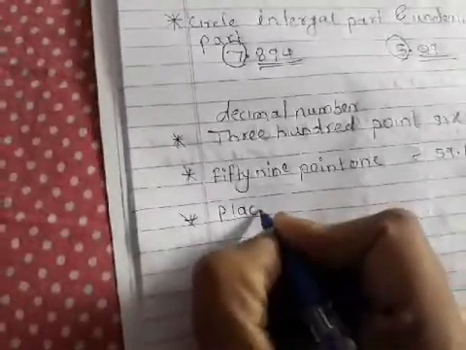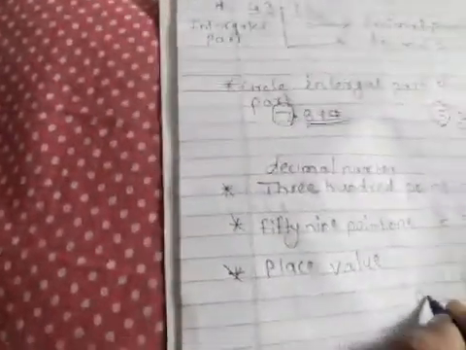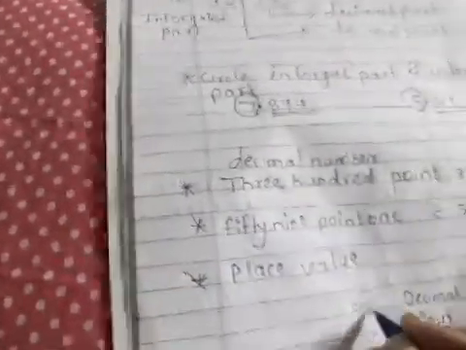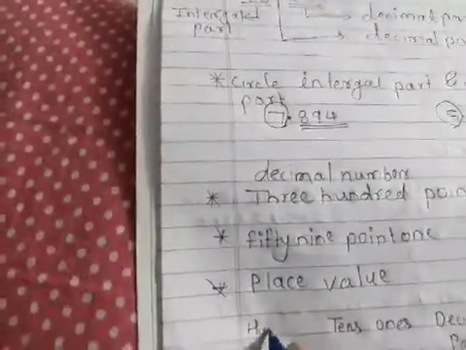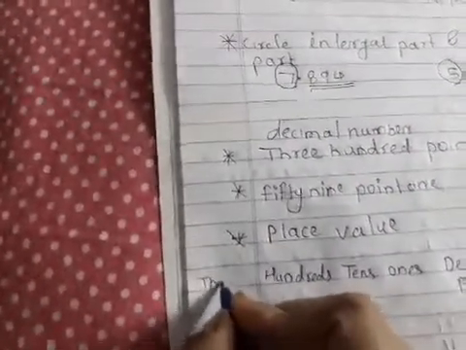Now see here, place value. How to write the place value? First one, see here the decimal point. Before the decimal point, write ones, tens, hundreds, thousands.